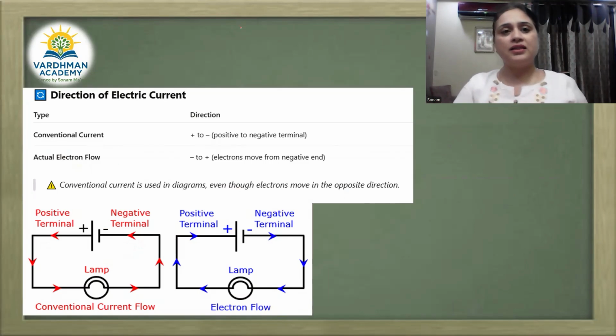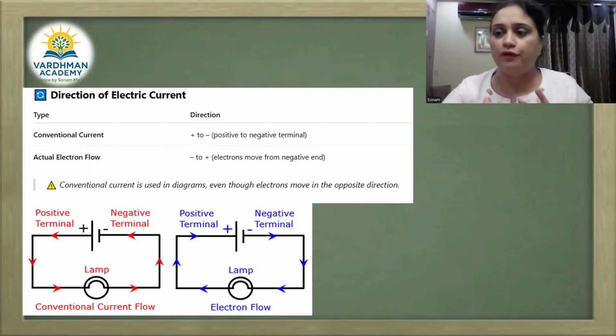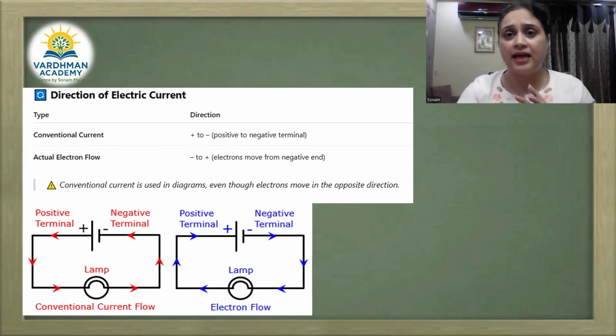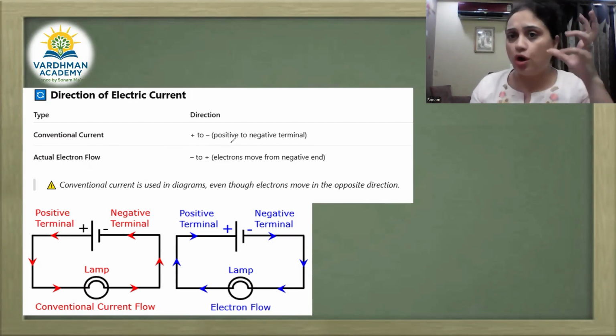So now we'll understand about the two directions of the electric current. So we have two directions. One is the conventional direction and the other one is the actual electron flow. Right, children? Very important for us to understand the flow of electrons.